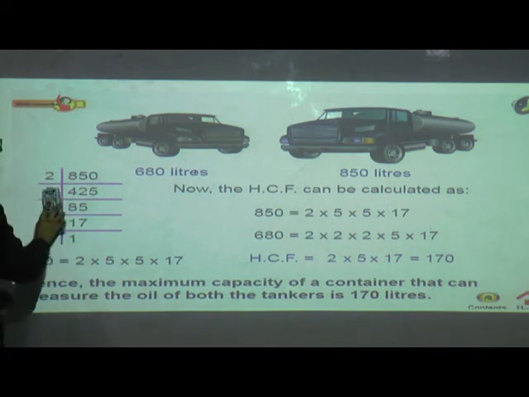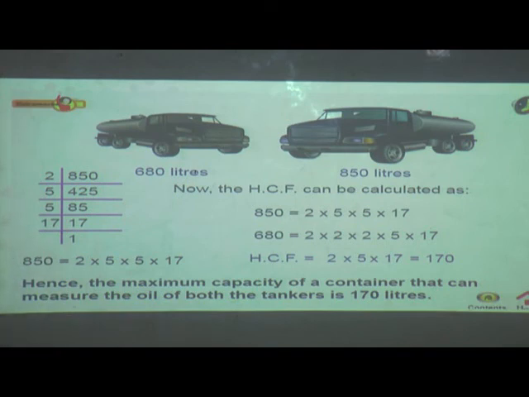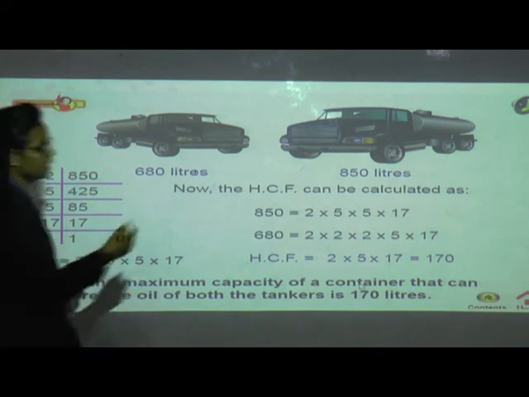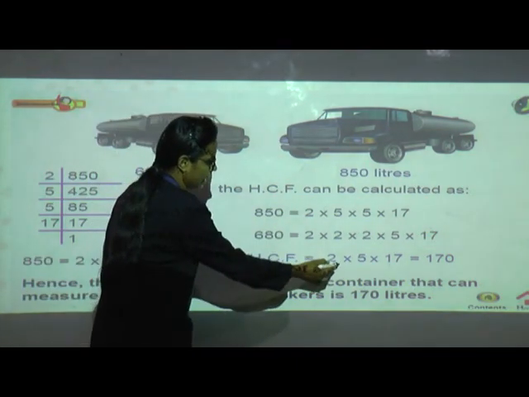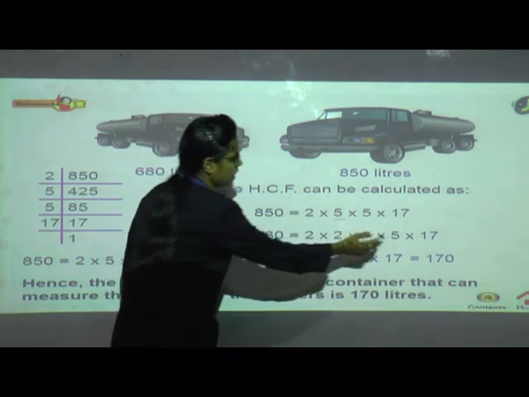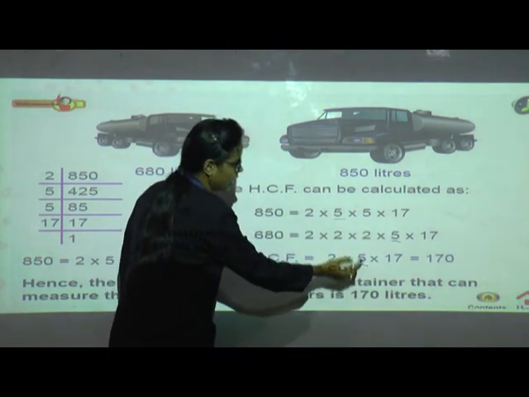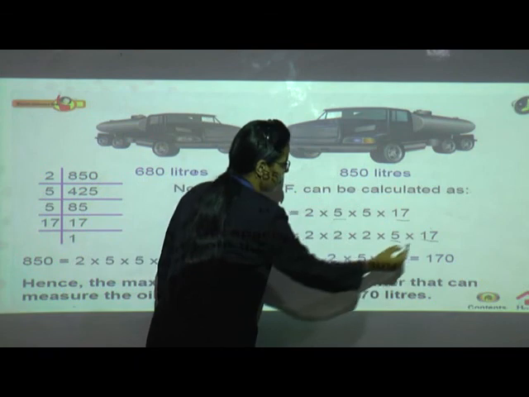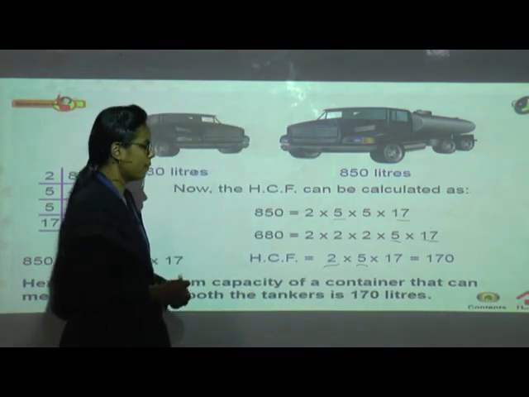See students, we have found the prime factors for both the numbers: 850 is 2 into 5 into 5 into 17 and 680 is 2 into 2 into 2 into 5 into 17. Now what is common among these? This 2 is common, we have taken it once. This 5 is common, taken once, and this 17 is common, taken once.